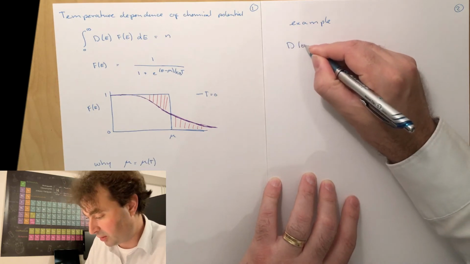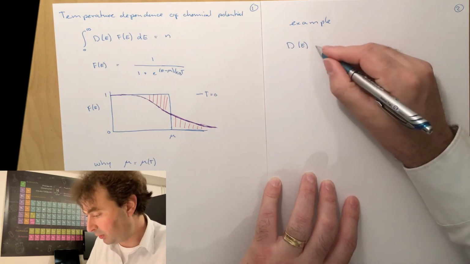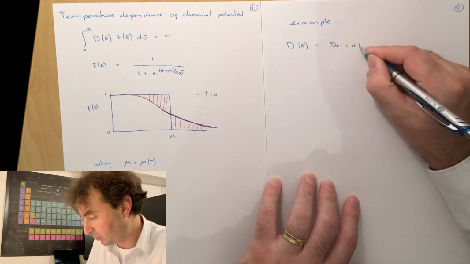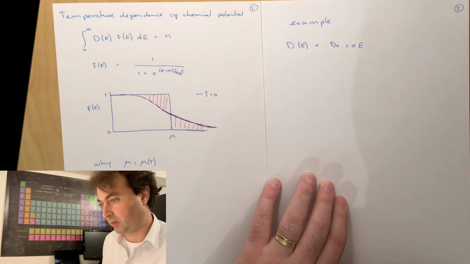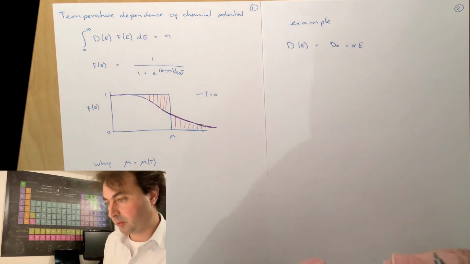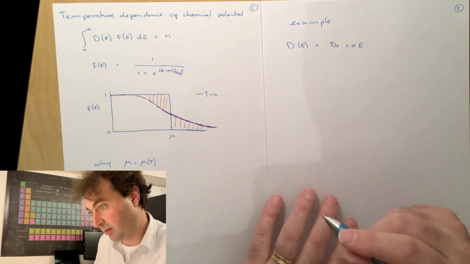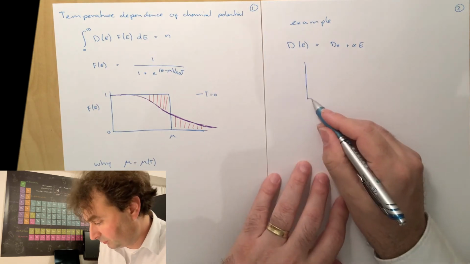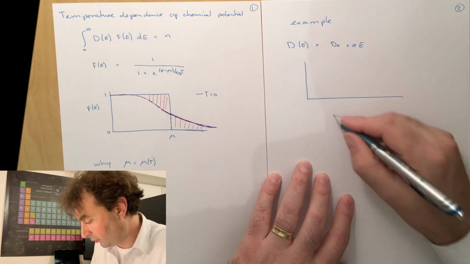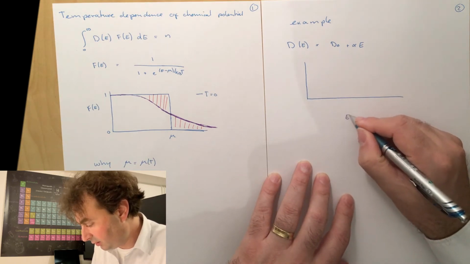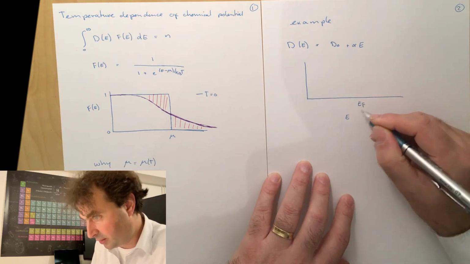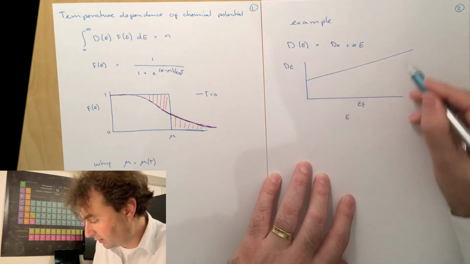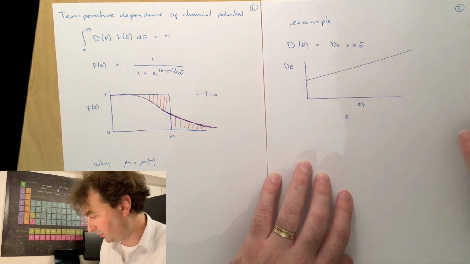how it should change. So as an example, we'll take a densities of states that is a constant plus a linear dependence on the energy. If you're in a small enough range around the Fermi energy, that is always a good approximation. So we have our energy and the Fermi energy, and our densities of states is some linear function.